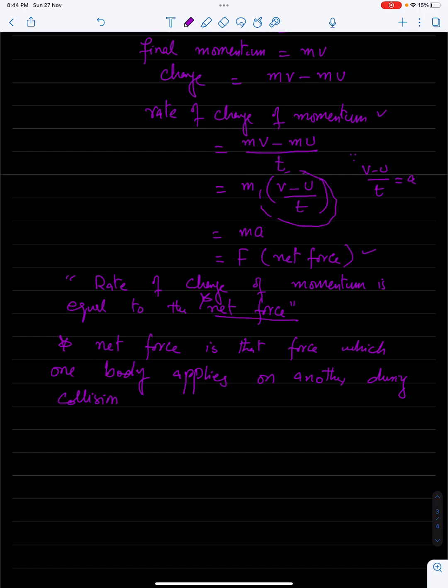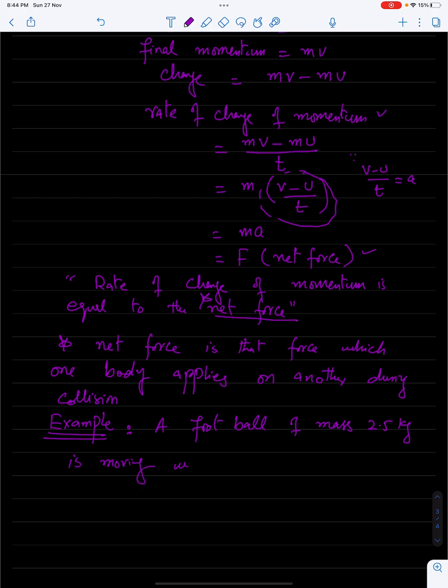Right. Let's do some examples related to this. One example: if they say that a football of mass 2.5 kg is moving with a velocity of, let's say, 10 meters per second.